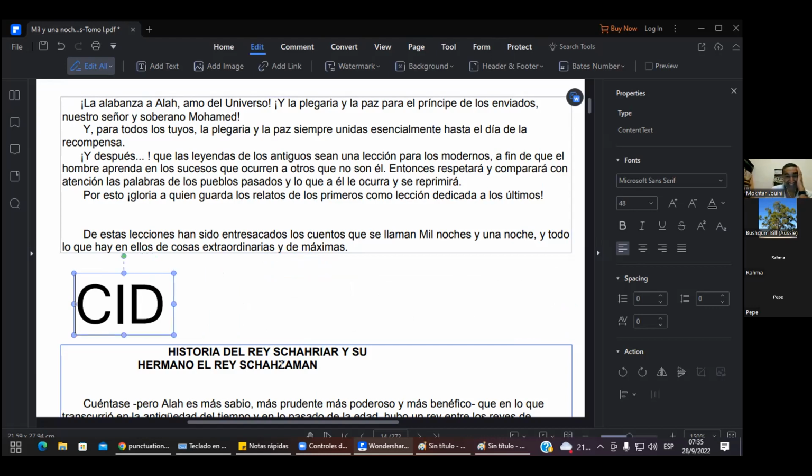Now, remember the Cid was the great, I'm so sorry to say this, but he was the great Muslim slayer. But also he was a soldier of fortune that also served the Sultan, I'm sorry, the Lord of Valencia, that was a Muslim in those days.